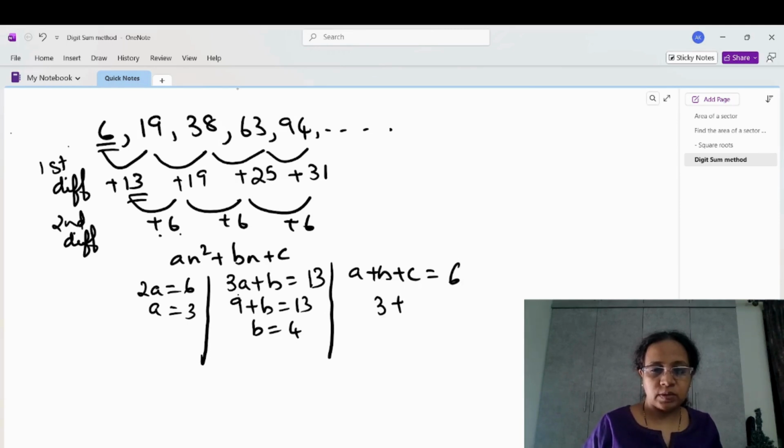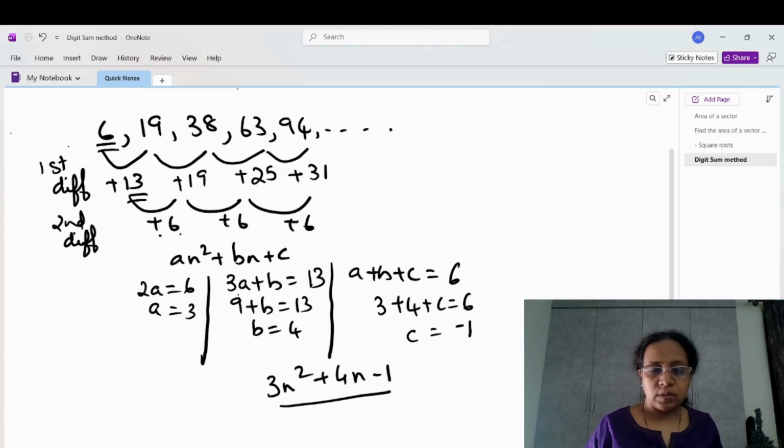So 3 plus 4 plus c is 6. c is equal to 6 minus 7, that is minus 1. Now our sequence is an squared plus bn plus c, therefore 3n squared plus 4n minus 1. This is the formula to find the nth term of the sequence.